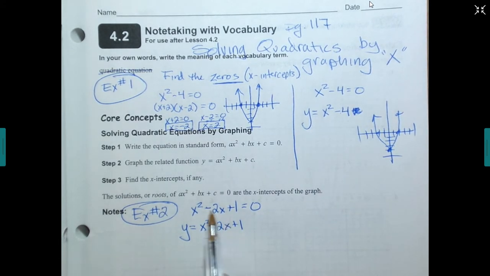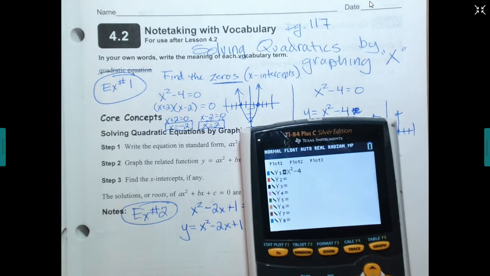Now, can I find my zeros by factoring? I totally can. This would be x minus 1 times x minus 1, so I know where my zeros are. But I'm going to go ahead and plug this into my calculator.